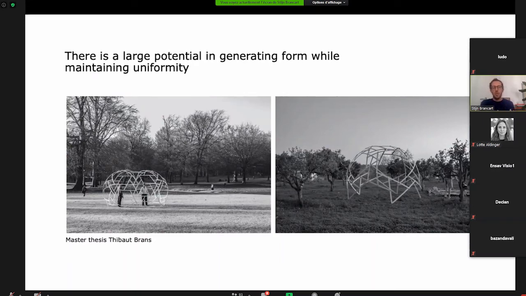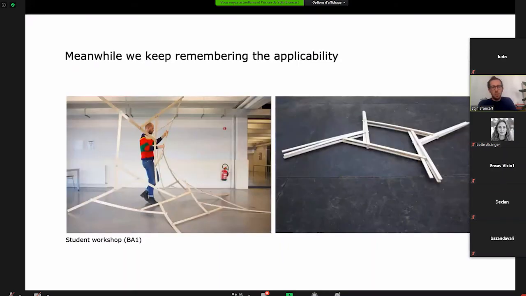Of course, we have some complexity of geometry and behavior, but is it still simple enough to assemble if you don't have a lot of knowledge? So we experimented with less uniform shapes than the sphere, but still using a very uniform kit of almost the same components, which is of course nice, and which was always the outset of the project as well.